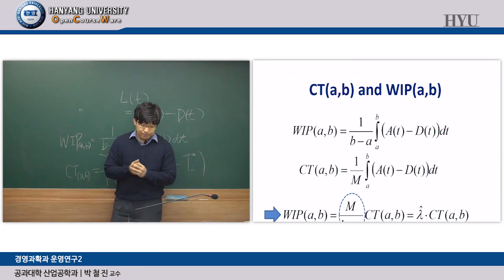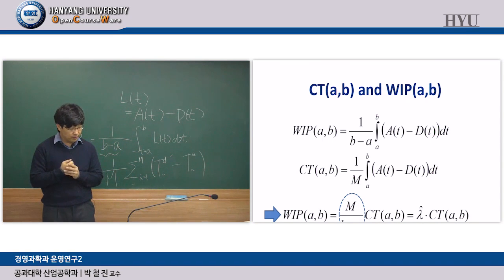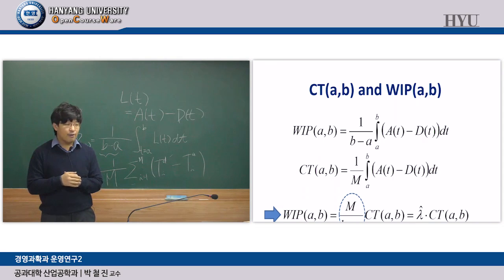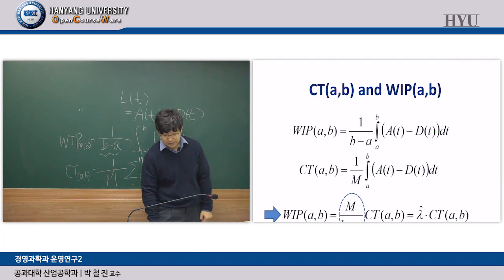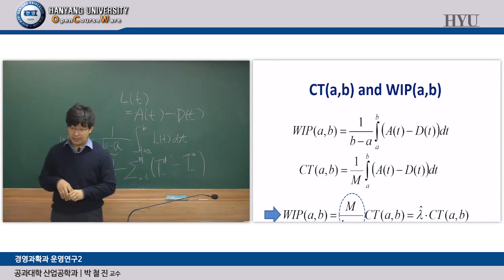And then throughput is the average number of customers arriving to the system per unit time, or departing. This is a very important measure of how efficient and effective this system is. Later we are going to talk about Little's law, a very important formula in IE.